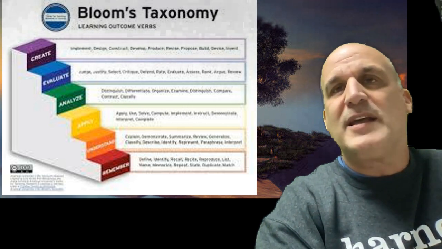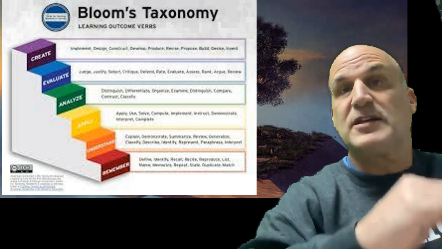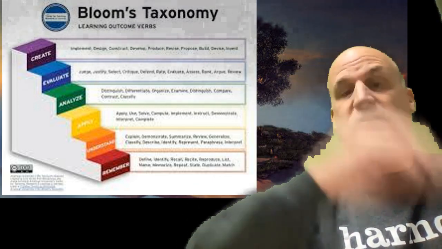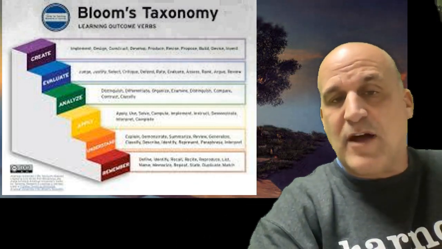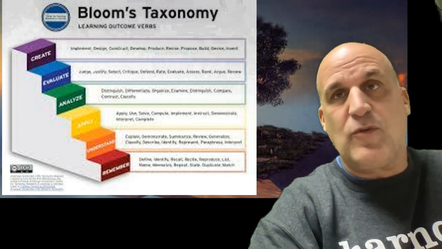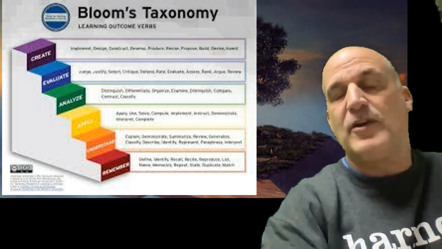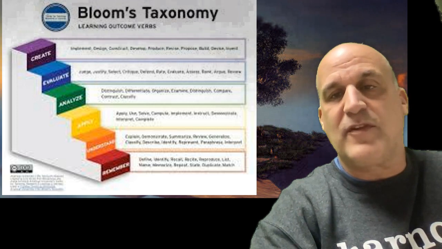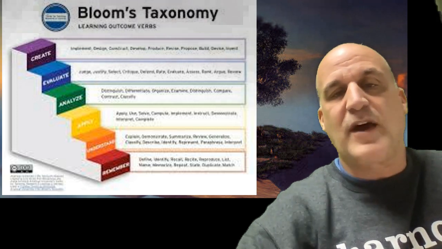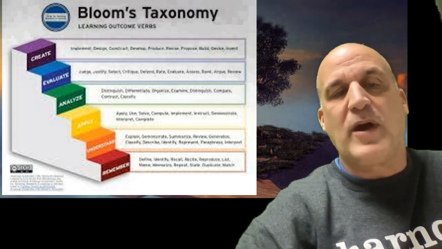If you want kids to be able to dig deeper, then you need to keep taking them up the stairs. On the bottom level, they're just at the surface level. But if you want them to go deeper, they're going to have to keep taking steps. And you need to be able to set this up for them so they can see what this looks like. So here's a very basic way you can do that.